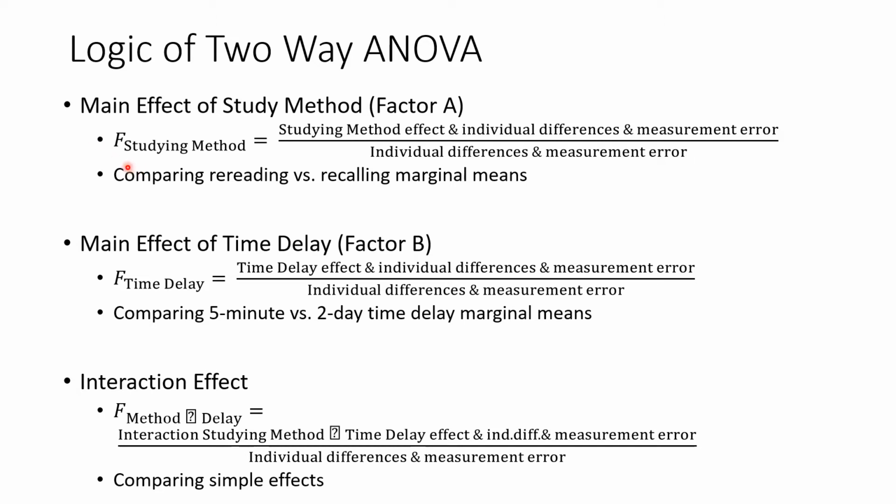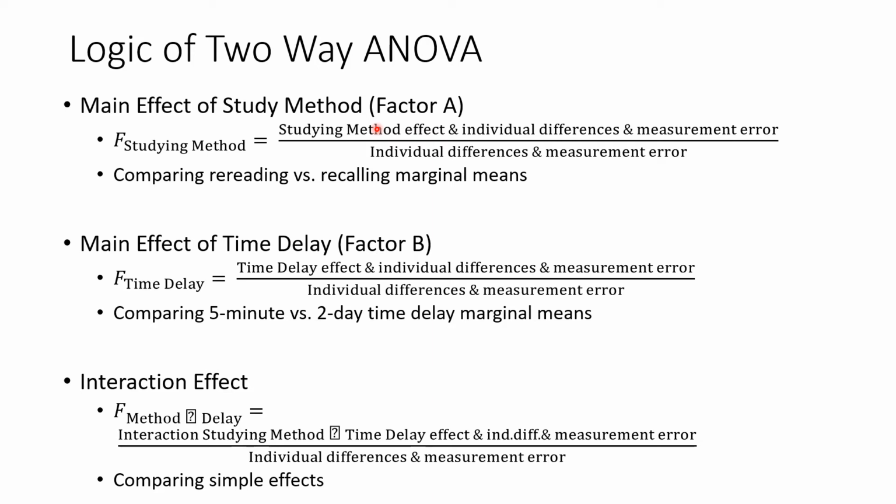So for the F value for studying method, you're going to have the amount of variability created by the different studying methods of rereading and recalling. Of course, that is contaminated by individual differences and measurement error. So we need to strip that away, and we do that by dividing by the amount of variability within conditions, which is created by individual differences and measurement error. And this numerator, of course, is the amount of variability between conditions.